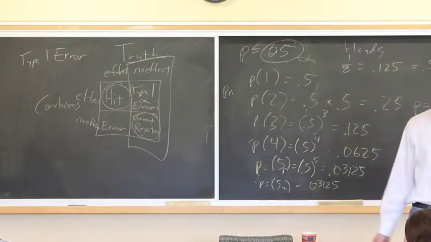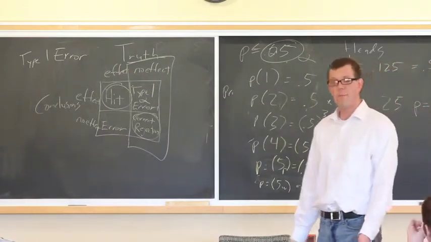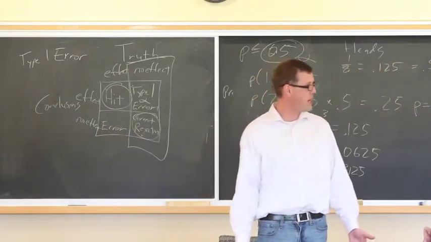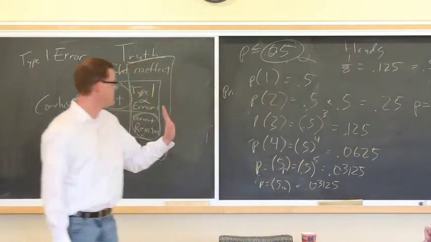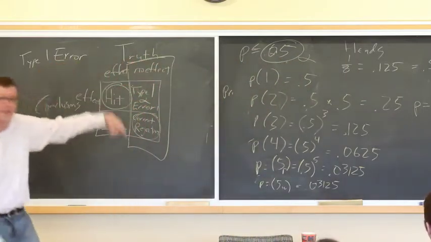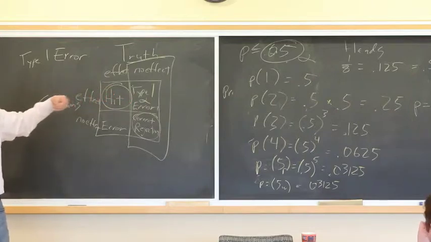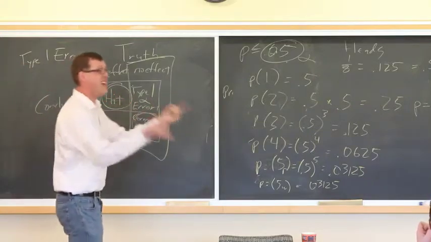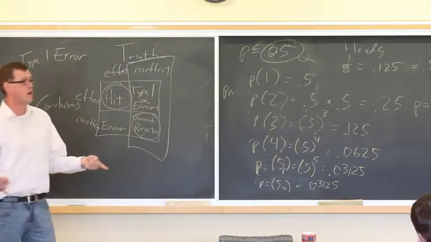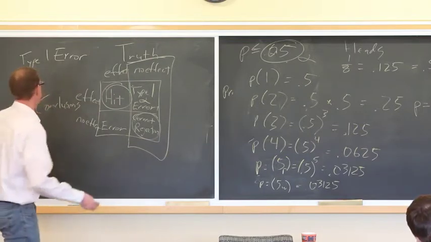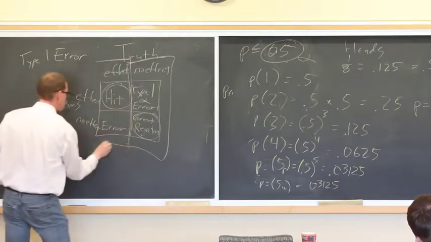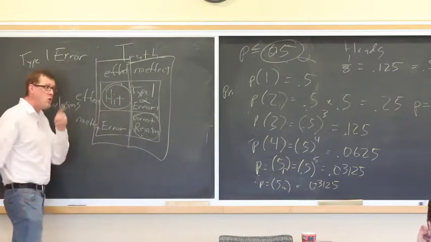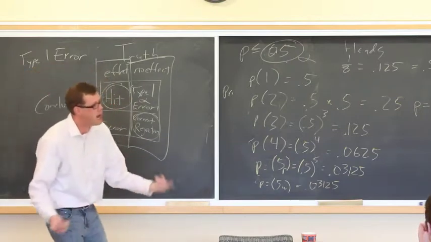So what comes after alpha? Beta. Beta isn't the probability that's related to chance alone. It's the probability that you will identify the effect when it's there. So this means that you have an effect, and if you don't identify it, that means you made an error.